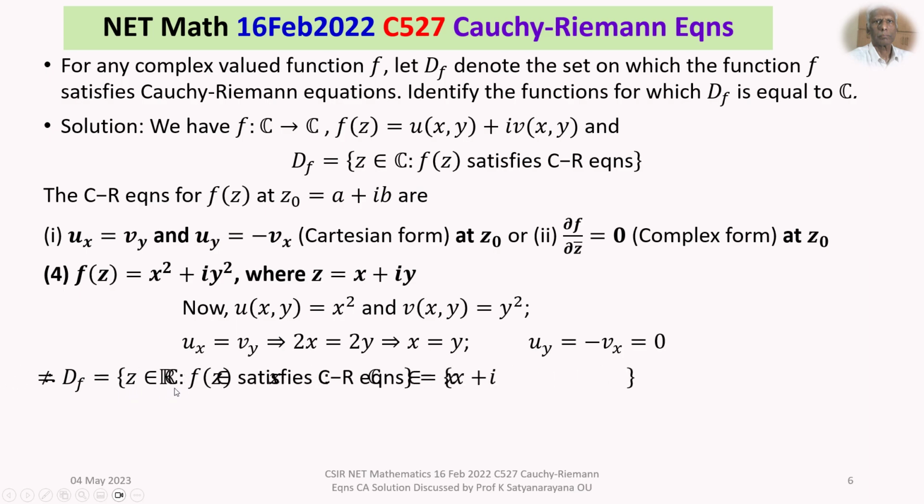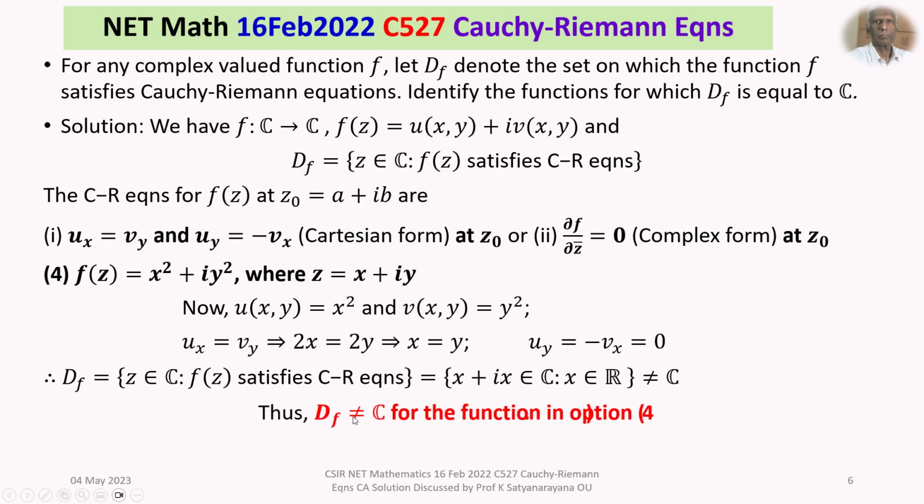So d_f, all those complex numbers at which f of z satisfies Cauchy-Riemann equations, is equal to x plus ix, where x belongs to R, which is not the whole of the complex plane. Therefore, d_f is not equal to C for the function in option 4.